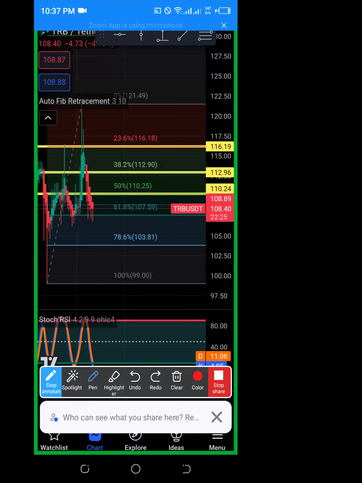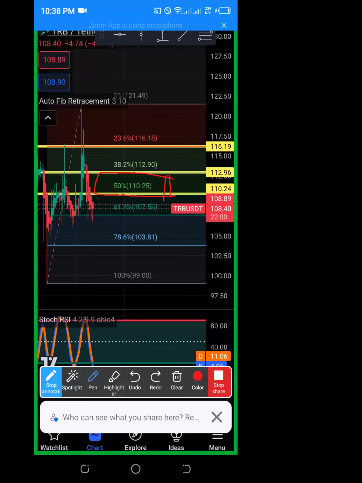I was saying the 23.6, we have 38.2, we have 50%. These are retracement lines. But mostly we prefer to enter the market when the value of the asset has gone down to this area of 50%.